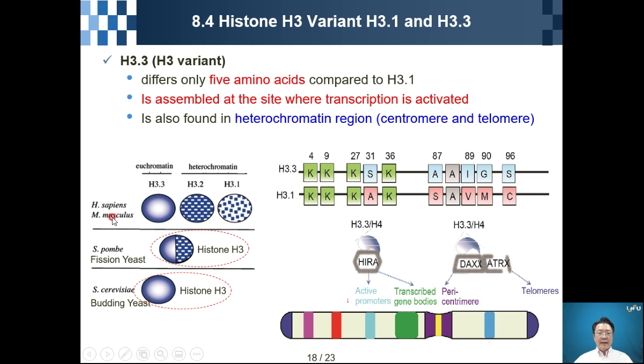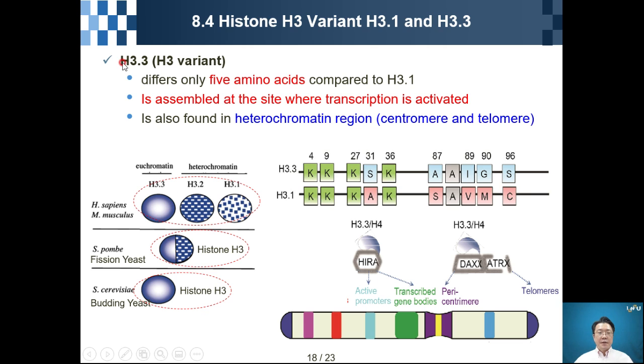So in human and mouse, there are three types of histone H3 available: H3.1, H3.2 and H3.3. Okay, so H3.3 is usually found in the nucleosome located in the euchromatin region, and H3.2 and H3.1 are found in the nucleosome located in the heterochromatin region.